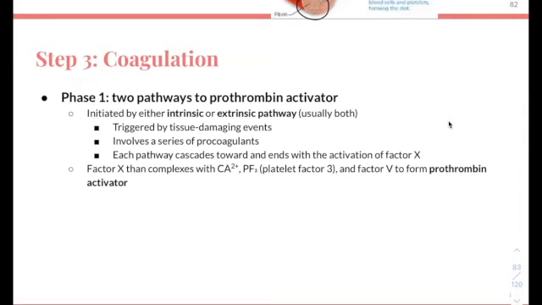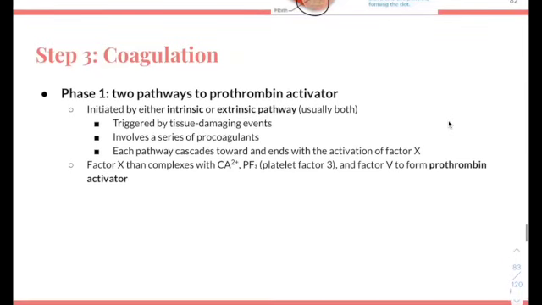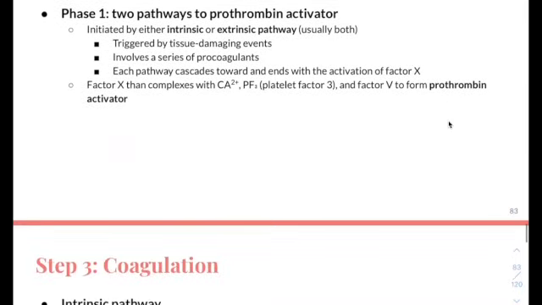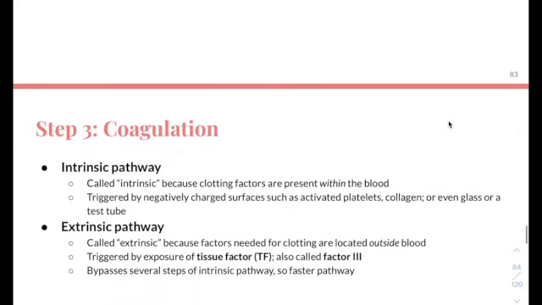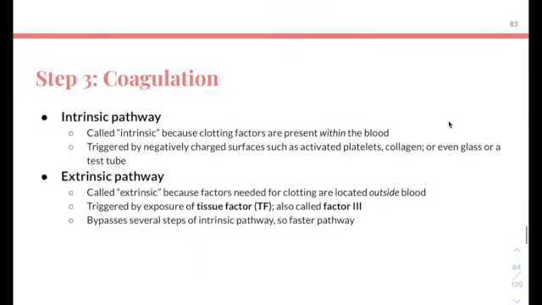Each pathway cascades towards and ends with the activation of factor X. Factor X complexes with calcium, platelet factor 3, and platelet factor 4 to form prothrombin activator. So it's what helps keep that platelet plug in place until it's no longer needed.